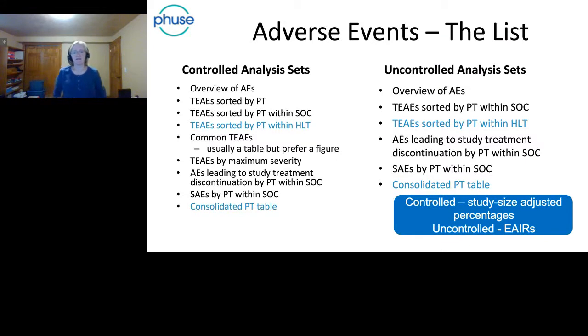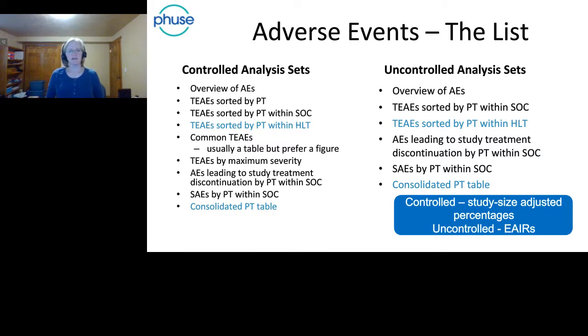So here's the adverse events list of what is recommended in the FDA's AE white paper. The FDA's AE white paper does focus on the controlled analysis sets and not so much the uncontrolled, but we'll cover uncontrolled a little bit in this workshop. For the controlled analysis sets, you'll see some things that probably look very familiar, right?